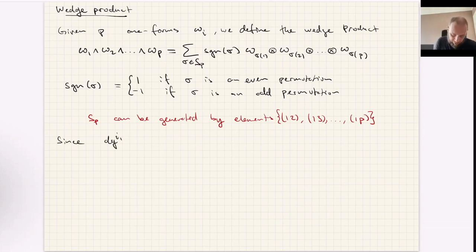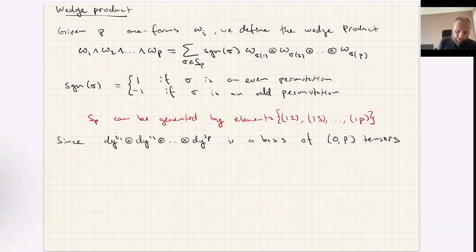Since we know that dy^i1 tensor dy^i2 tensor and so on up to dy^ip is a basis of p-tensors, then if we take the wedge product instead, dy^i1 wedge dy^i2 wedge and so on, dy^ip is a basis of p-forms.